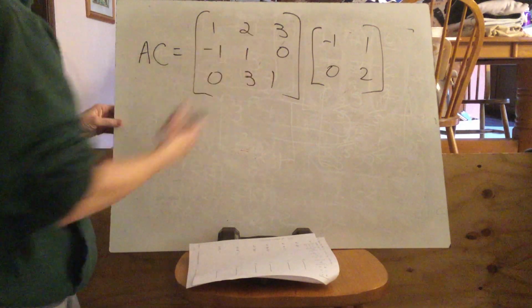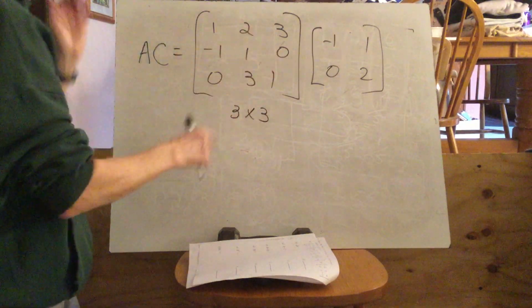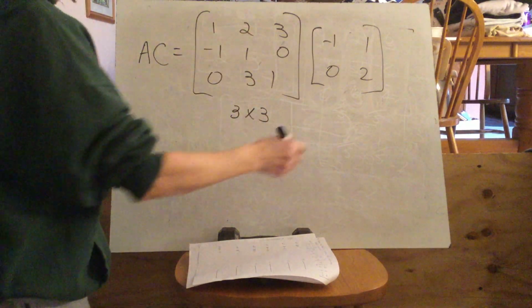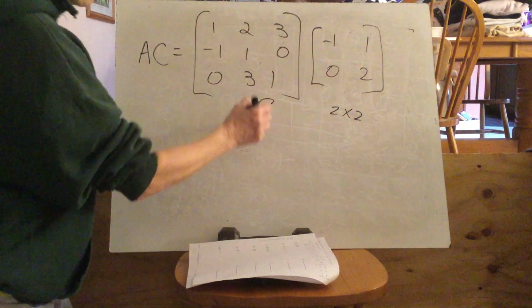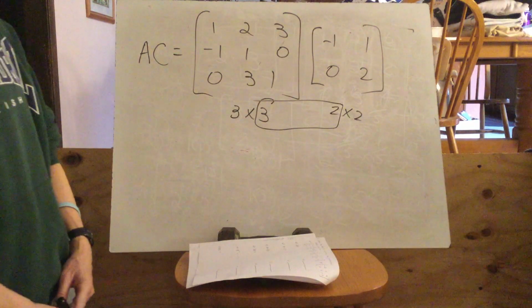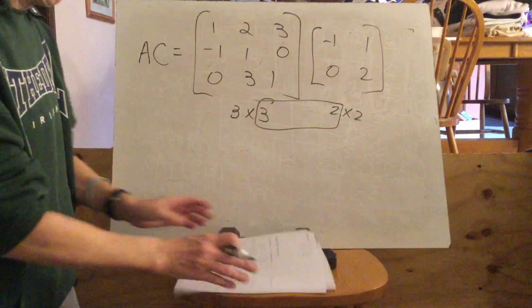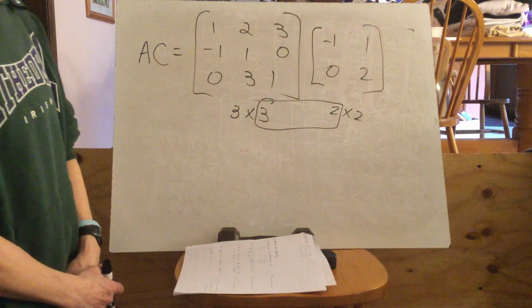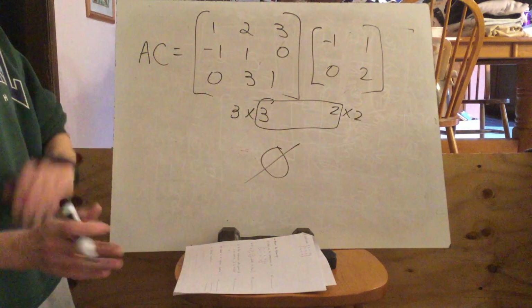What are the dimensions of matrix A? 3 by 3, 3 rows, 3 columns. What are the dimensions of matrix C? 2 by 2, 2 rows, 2 columns. Are these able to be multiplied? The answer is no. Nope, we cannot multiply those. They are not multipliable, so therefore we say empty set and move on.